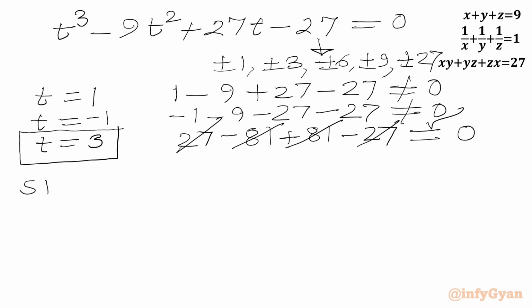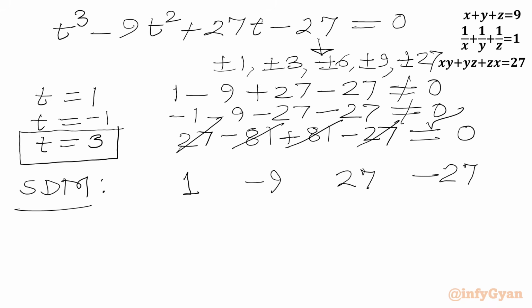Now we are going to use the synthetic division method. Here we will write all the coefficients of the cubic equation: coefficient of t cube 1, coefficient of t square minus 9, coefficient of t 27, constant minus 27. We'll put one line over here. Leading coefficient 1 would be as it is.